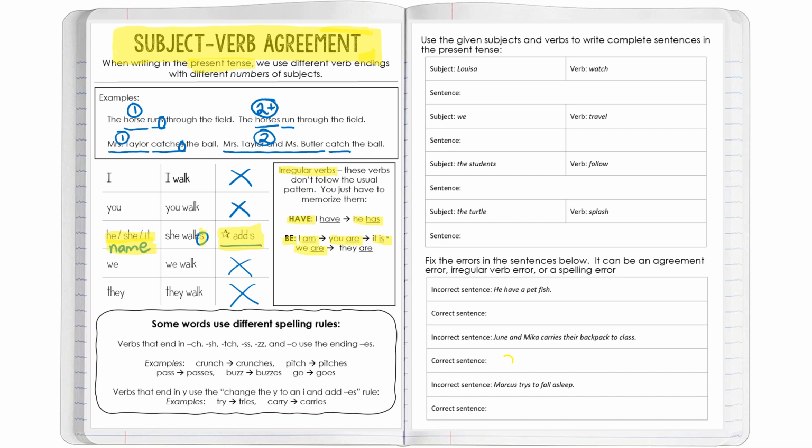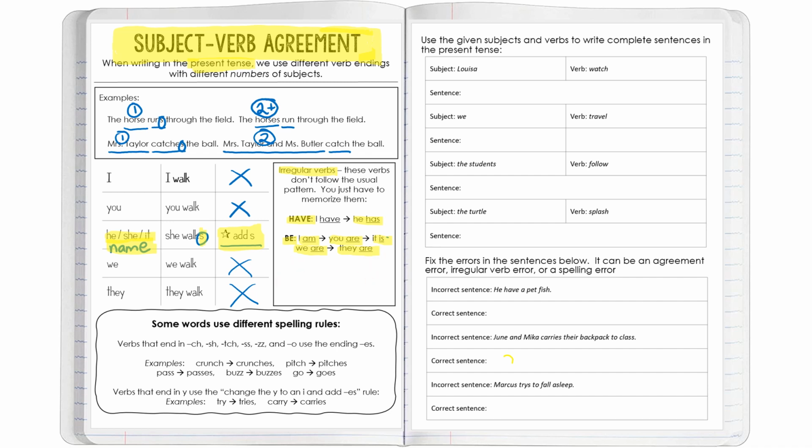And this one also applies if I'm talking about myself and someone else. My friend and I are tired. And then the same thing for they are. So this one's unusual in that I have a different version for the I, which is I am, a different version for you, we, and they, that's when we use are, and then a different version for the he, she, it, is. And I've left a little space down here. If we encounter some other irregular present tense verbs, we can add them.